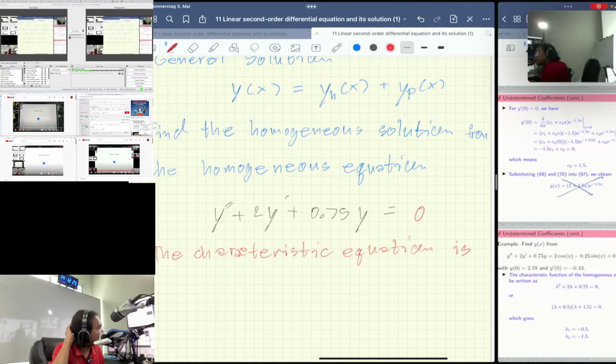Anyone can tell me about it? What is the characteristic equation to this one?